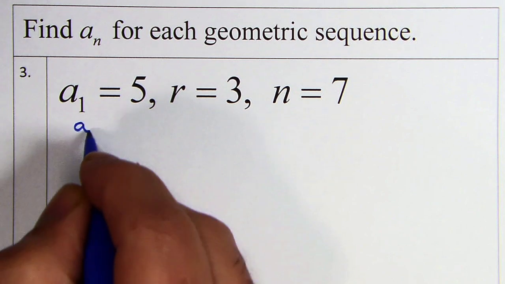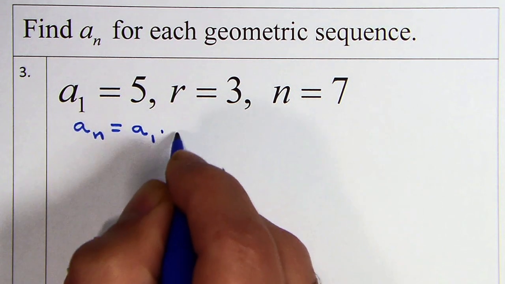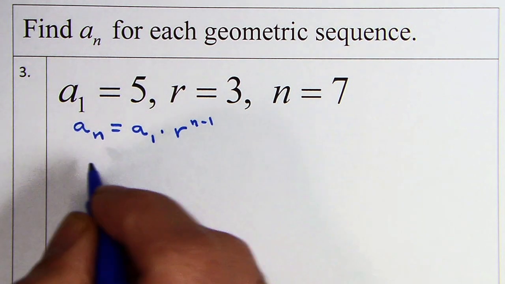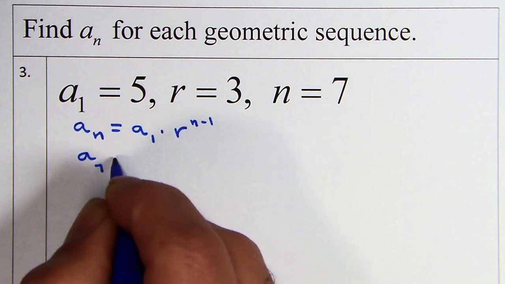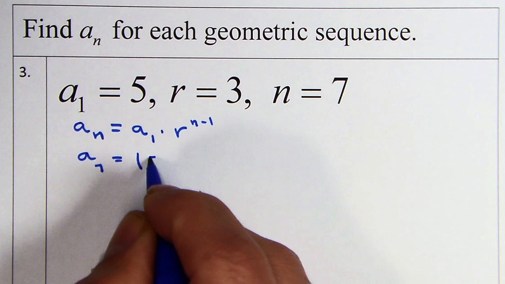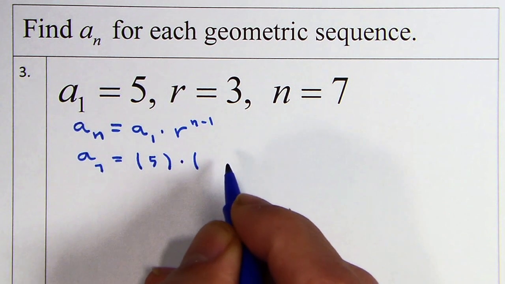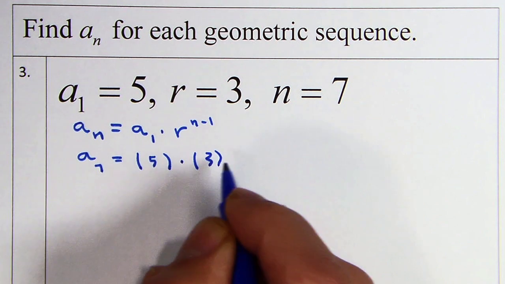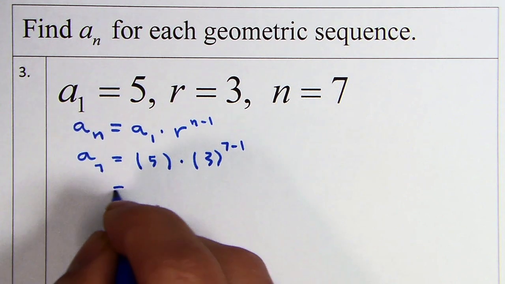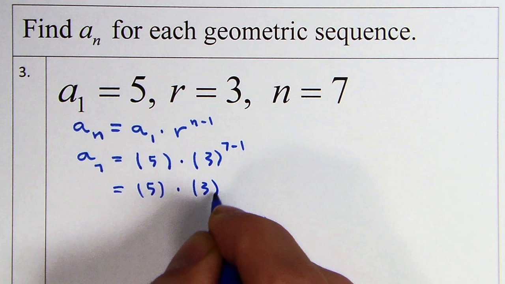We use the formula a sub n equals a sub 1 times r to the power n minus 1. a7, because n is 7, will equal a sub 1, which is 5, times 3 to the power 7 minus 1, equals 5 multiplied by 3 to the power 6.